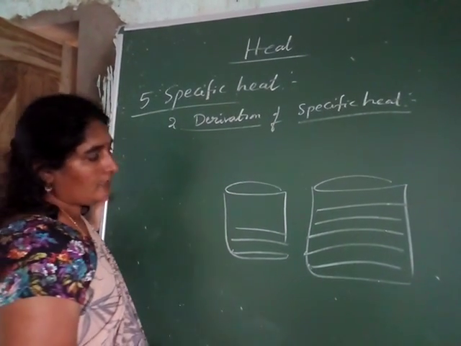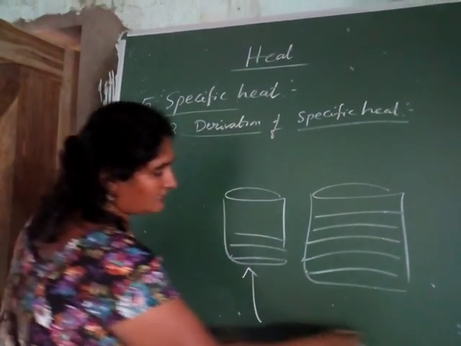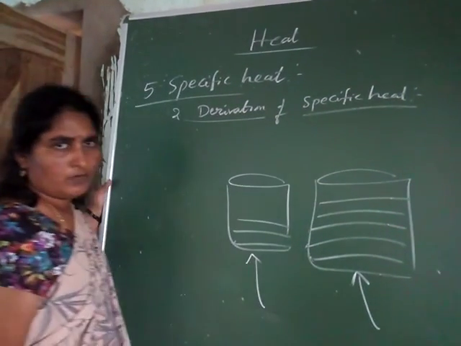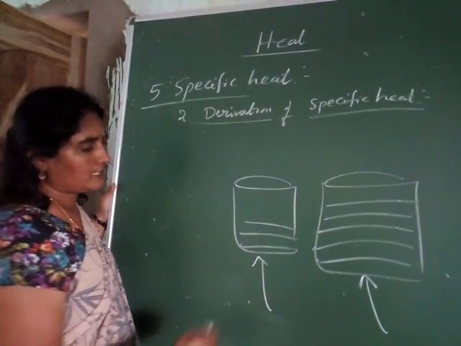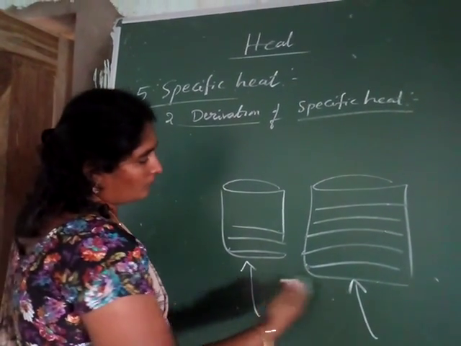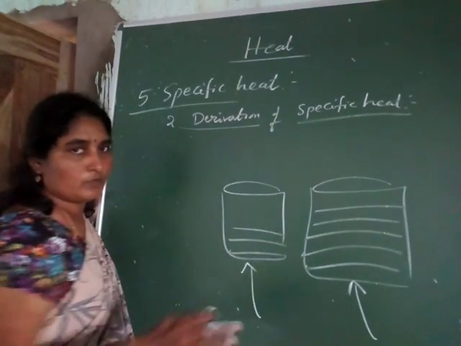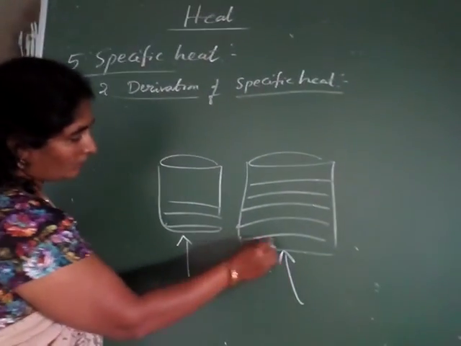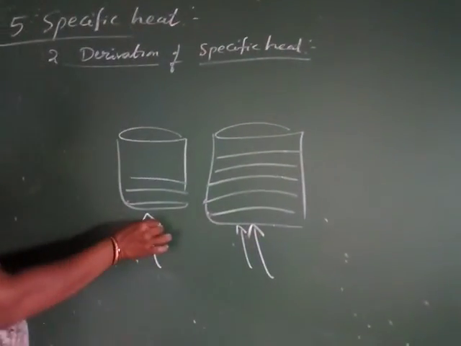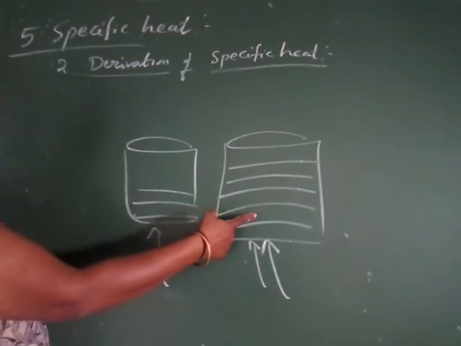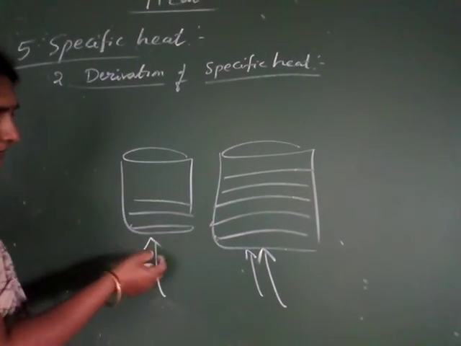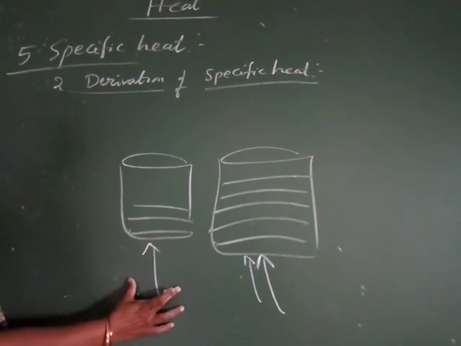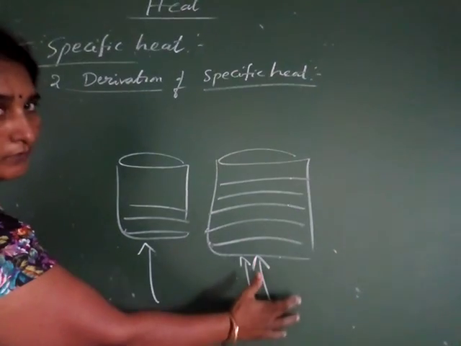Then we give heat energy continuously. Is the same amount of heat sufficient for both? No. The container with more water requires more heat energy than the one with less water.